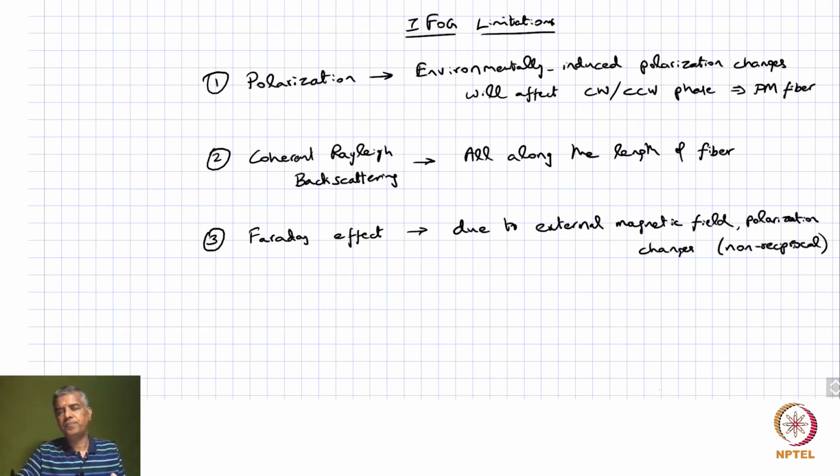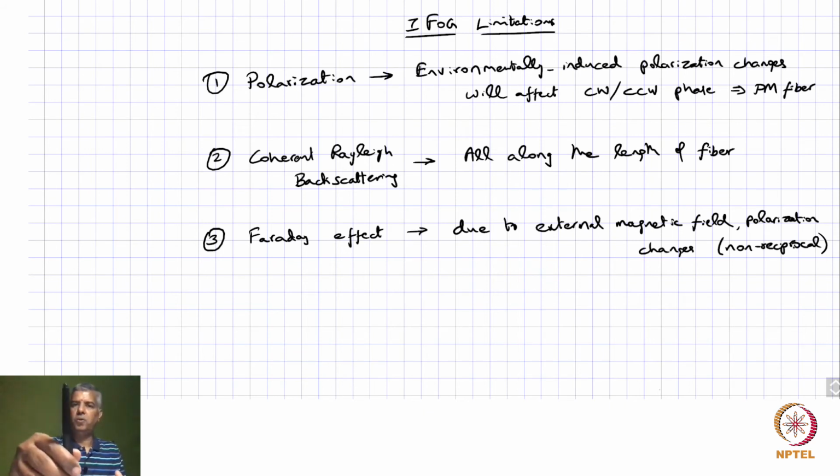Anything that your clockwise wave is experiencing, the counterclockwise wave is experiencing as well. If it's common for both of them, then they cancel each other, right? So you don't really have to worry about it. But in this case, you have one direction that the clockwise wave is propagating, and in that direction, let's say it's coming towards you, its polarization is changing this way because of the external magnetic field.